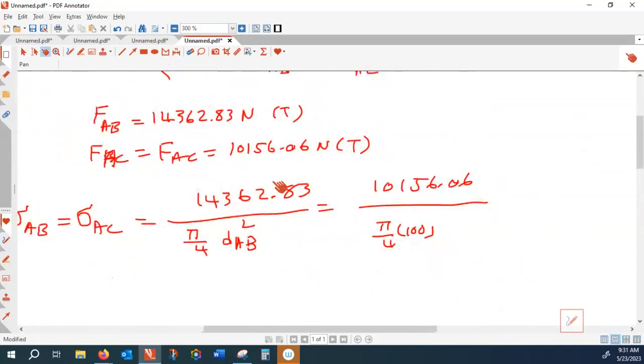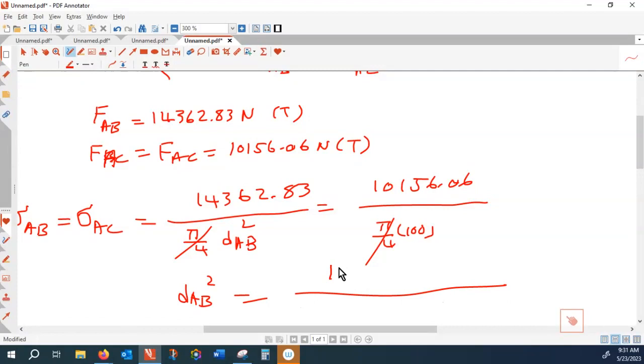All right. So if I solve that equation, how many unknowns are here? The only unknown is DAB. I simply cancel pi by 4, and then DAB squared is equal to 14362.83 multiplied by 100 divided by 10156.06.